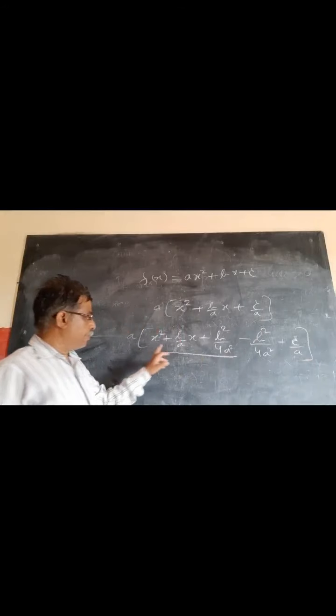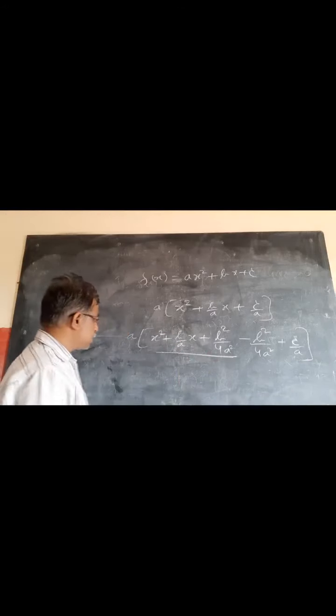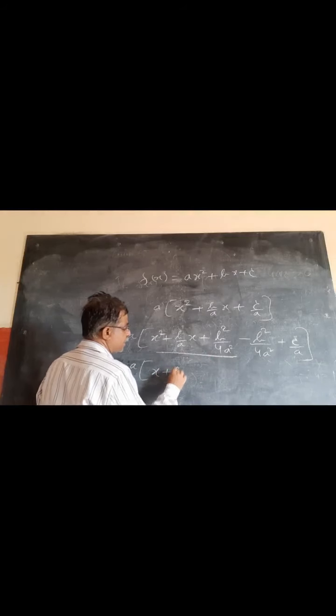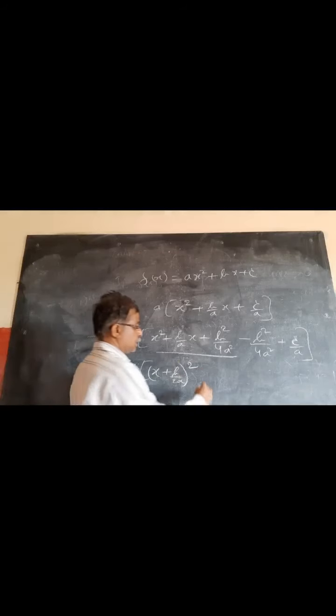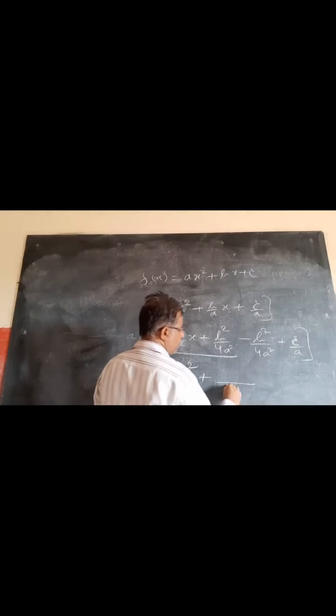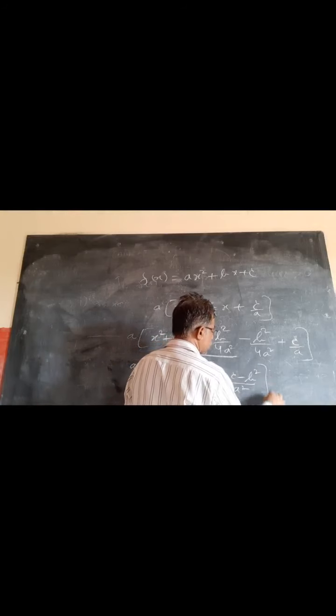So this part can be written as x plus b by 2a whole square, and this part, if I take 4a square as LCM, becomes 4ac minus b square over 4a square.